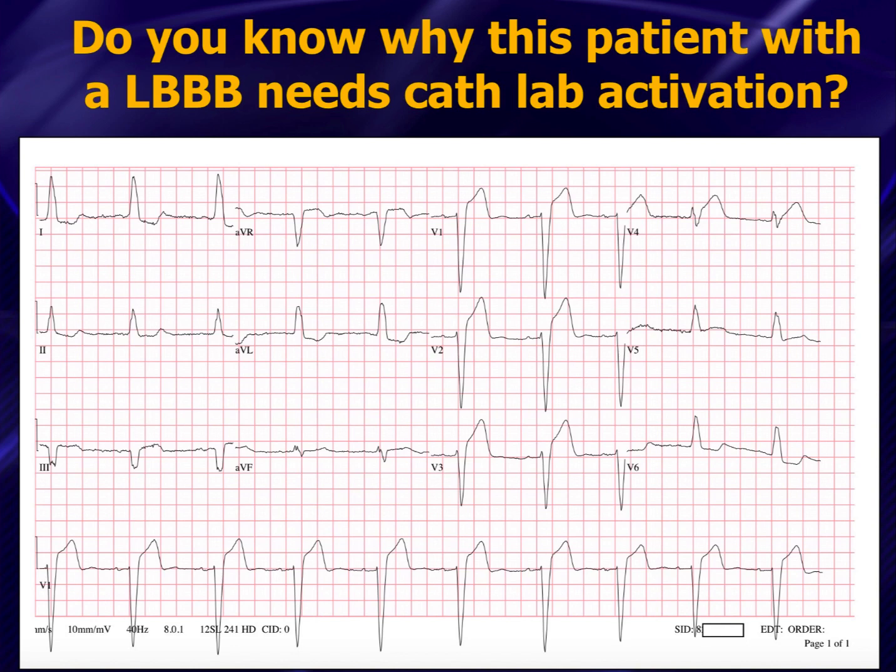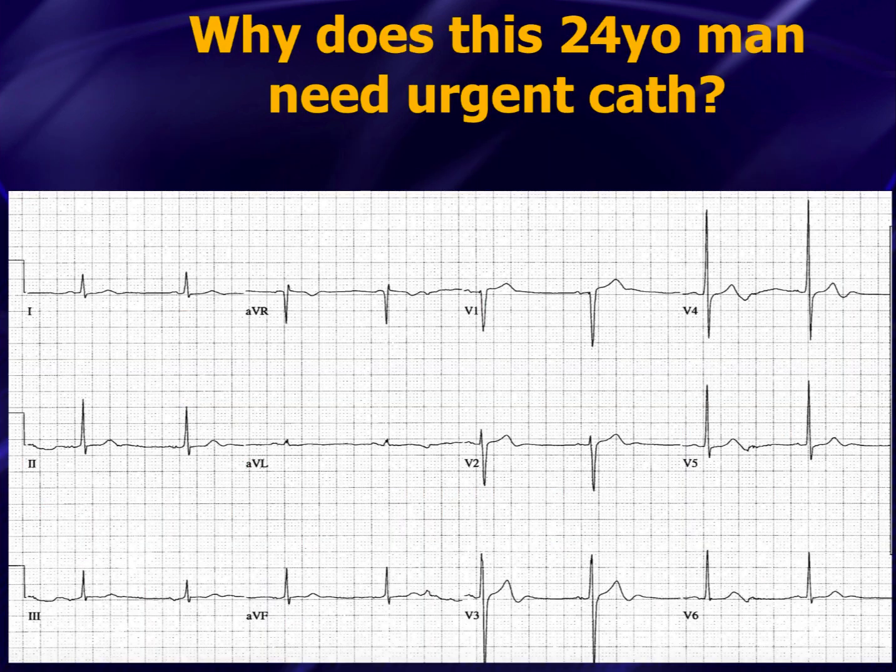And by the way, if you know the Sgarbossa criteria, it doesn't work in this case. But there's some revisions of the Sgarbossa criteria that you need to know, which will help you get this patient to the cath lab. Why does this patient, who's only 24 years old, need to go emergently to the cath lab? What is it about his T waves which predicts he's got a proximal LAD occlusion?